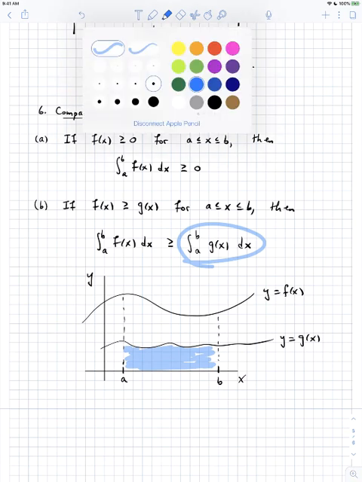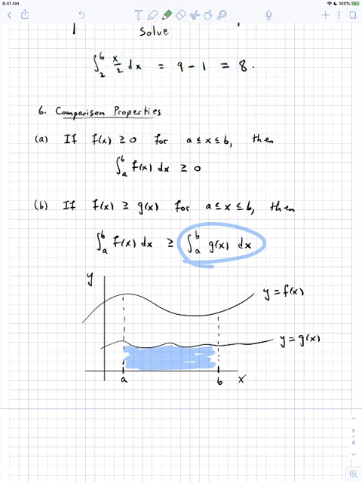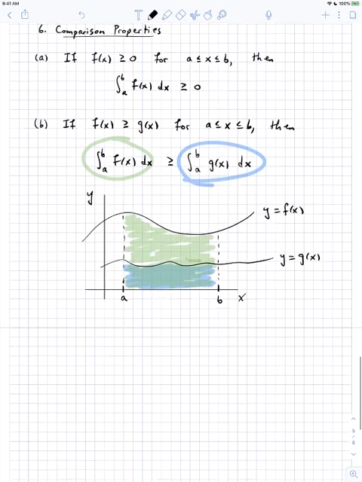And the f integral, the integral from a to b of f, that's the area underneath f. And what you can see is that there's more area underneath f than there is g, because in fact, the area underneath g is included in the area underneath f. So that's why the definite integral is going to be bigger. That's the second one.